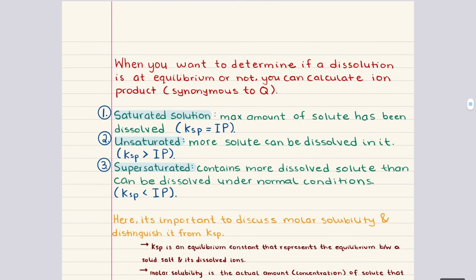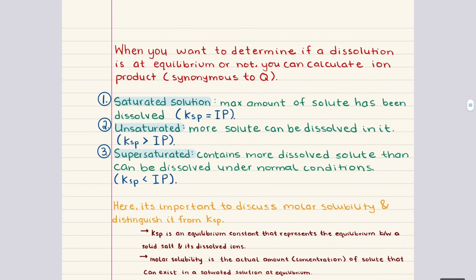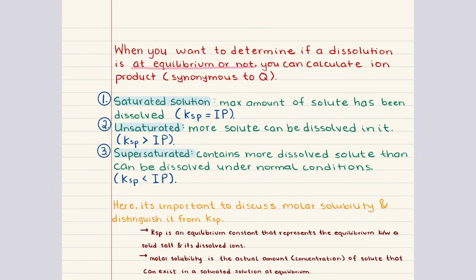Now that we've defined KSP, we can use it to determine whether a solution is at equilibrium. To do this, we calculate something called the ion product, abbreviated as IP. This is essentially the reaction quotient for a dissolution process. Same concept, different words. Scientists are annoying like that. But anyway, the ion product is calculated using the same form as KSP.